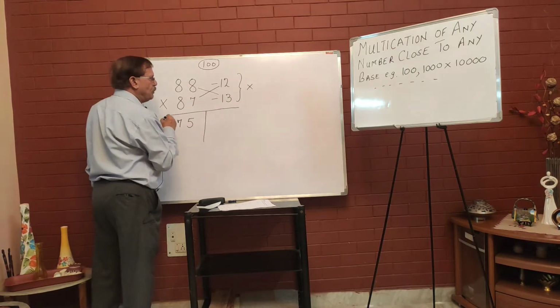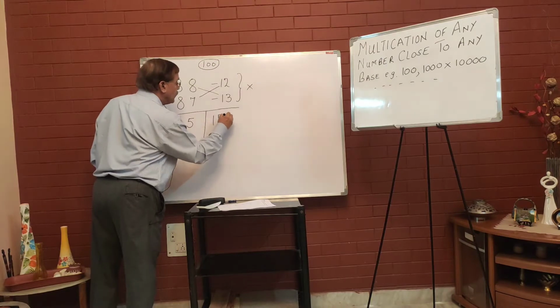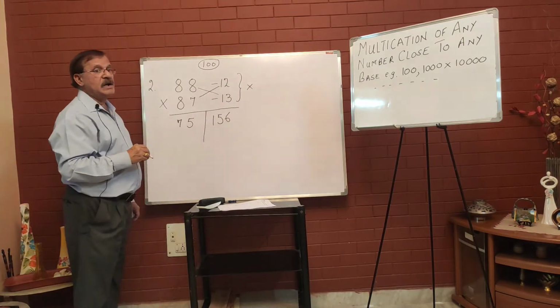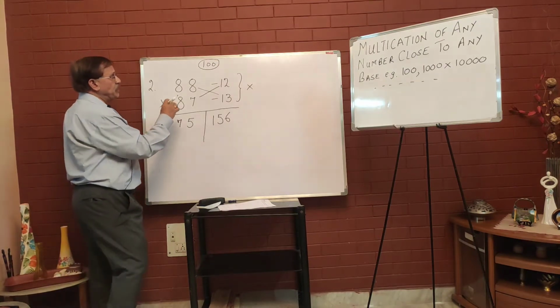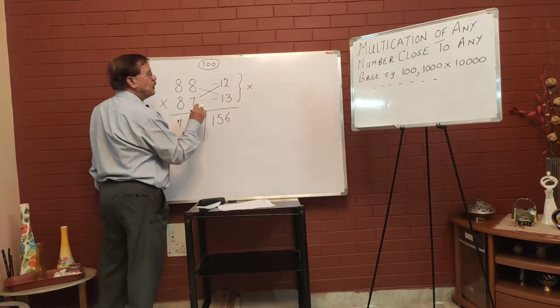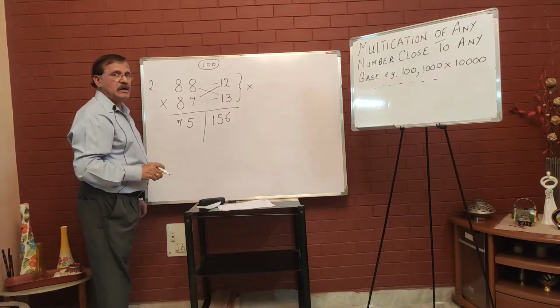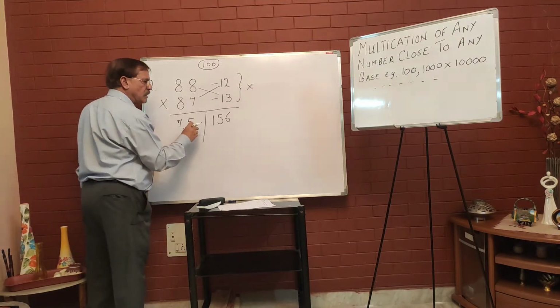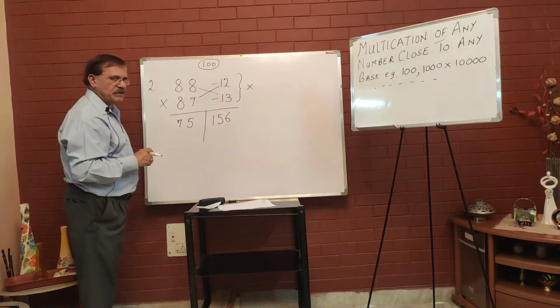Now the RHS will be 12 multiplied by 13, which is 156. Now be careful over here. Why? Because the base has how many zeros? Two zeros. And digits over here are 3. So in the second part, that is the RHS, there should be 2 digits. So 56 should be there.